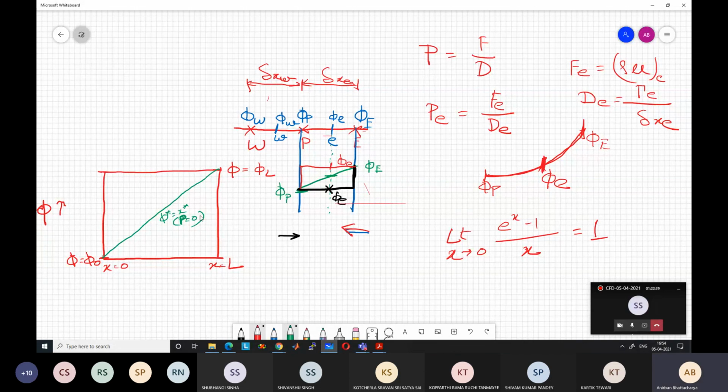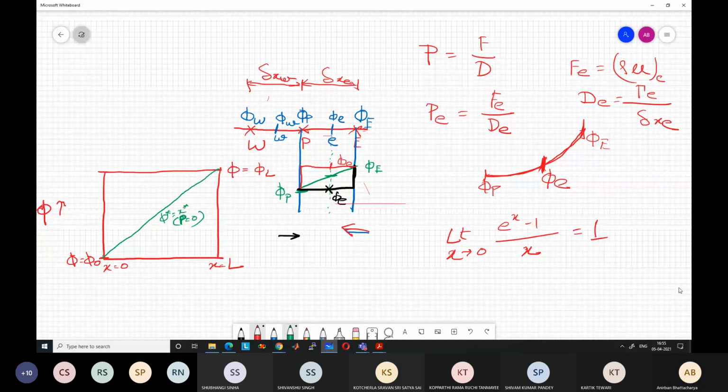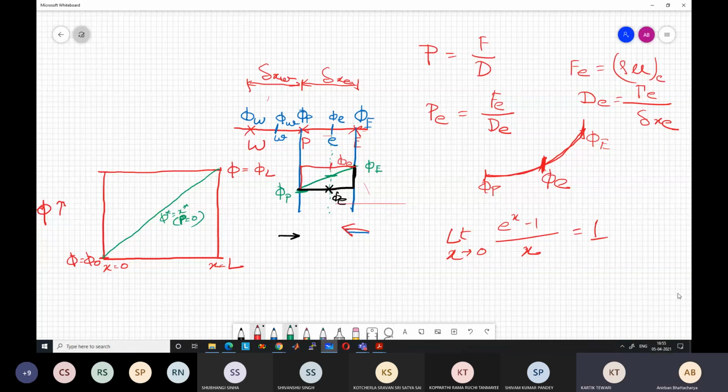So can anyone say what is the physical significance of this, that there is linear variation between phi 0 and phi L for Peclet number equal to 0? What does it mean, Peclet number equal to 0? Sir, the advective strength will be 0. Advective strength is 0. So how does the variation occur if the advective strength is 0?